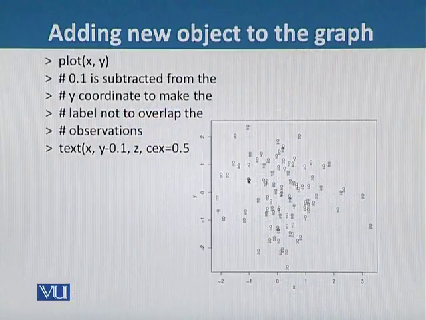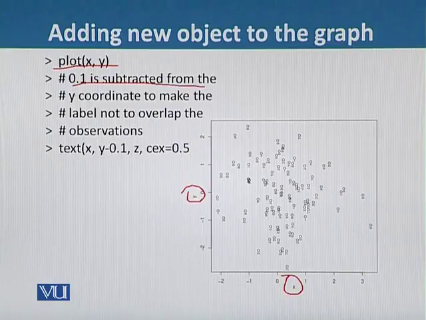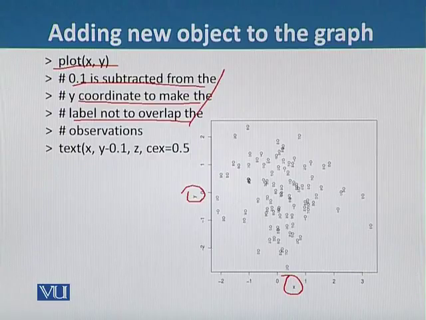We can write the command something like this: plot, we generate the plot of x and y. Then 0.1 is subtracted from the y coordinates to make the labels not overlap the observations. This command is used because we have to label each point, as the points are very small. The label means the value of the point, so this is meant to prevent the overlapping of the labels.